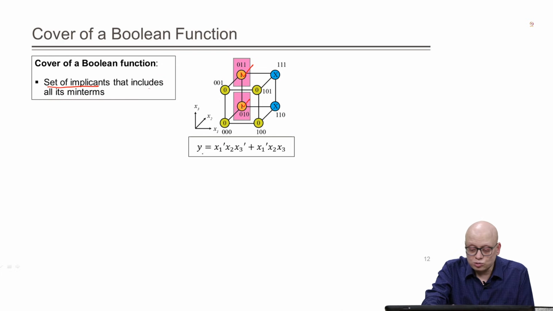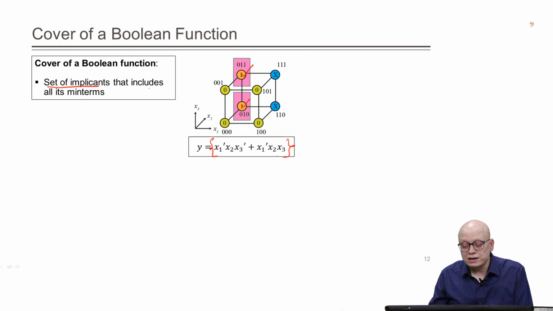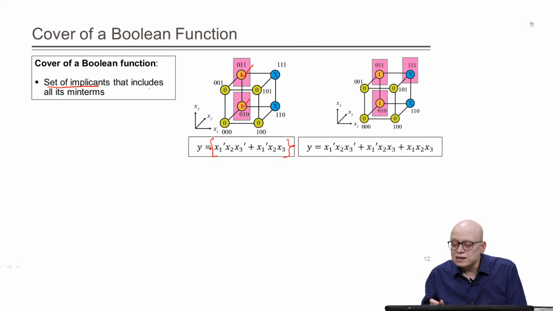So, if we take a set of these two implicants, x1 dash x2 x3 dash and x1 dash x2 x3, these two elements in the set, then it is covering both these ones and therefore, this is a cover. Now, let us take another example.